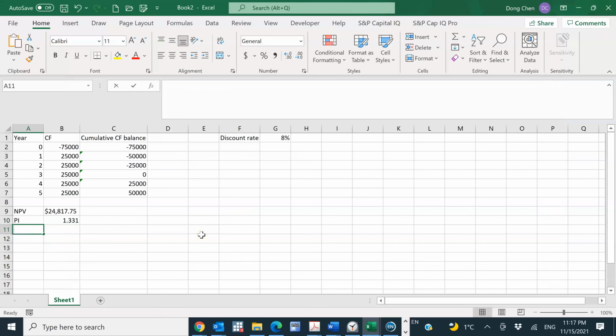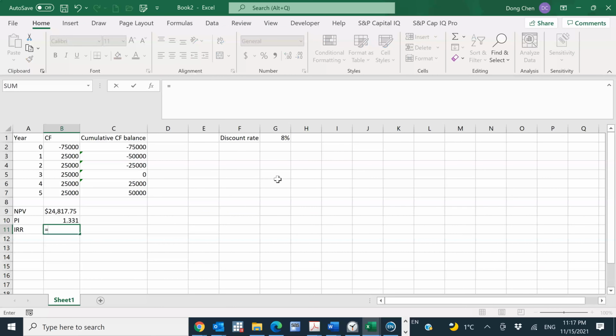Okay, so fantastic. And the last part is the project IRR. So for IRR, I don't need the discount rate because IRR is basically the discount rate which makes the NPV to be 0. So in Excel, there's also a function called IRR. But compared with the NPV function in Excel, we know that the NPV function only calculates the present value of all future cash flows.